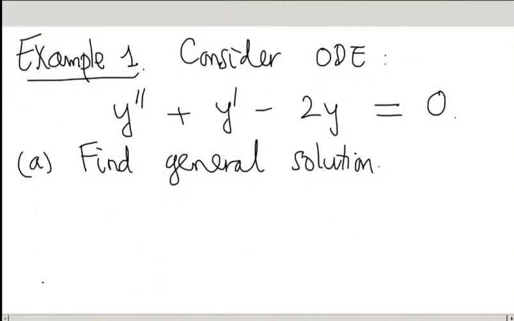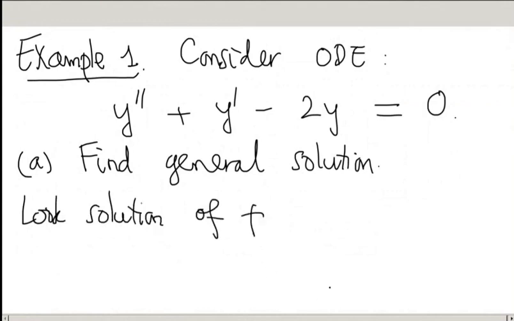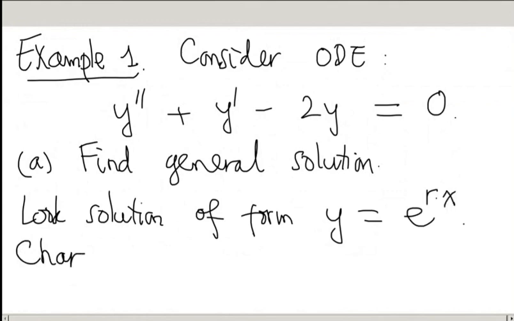So to find the general solution, as before, we look for a solution of the form y equals e to the r times x. And then we have the characteristic equation.